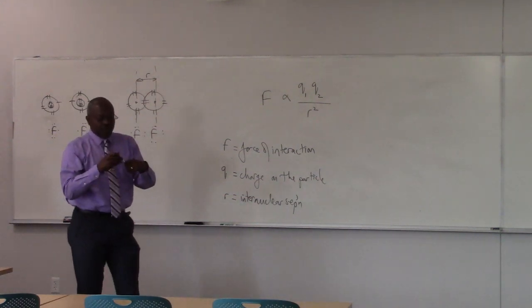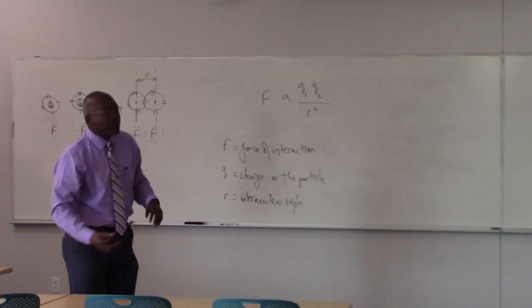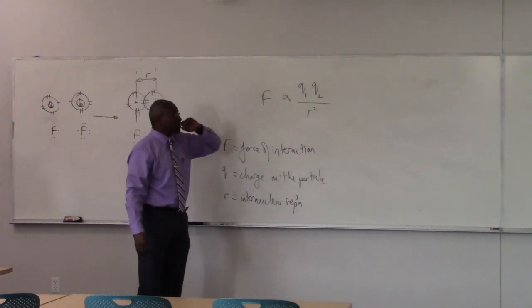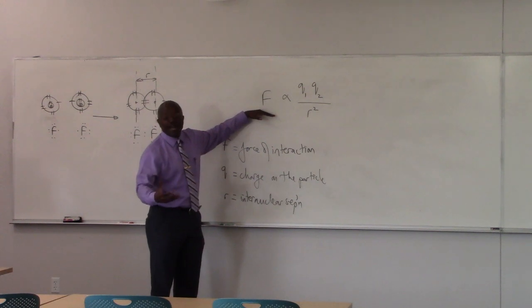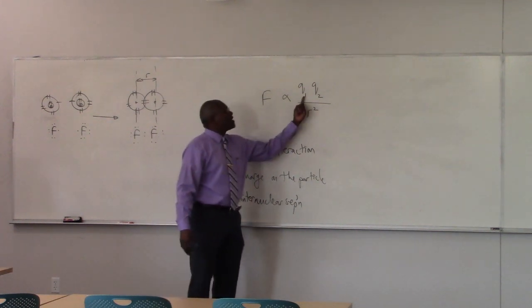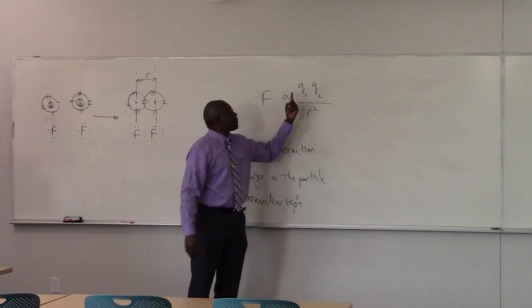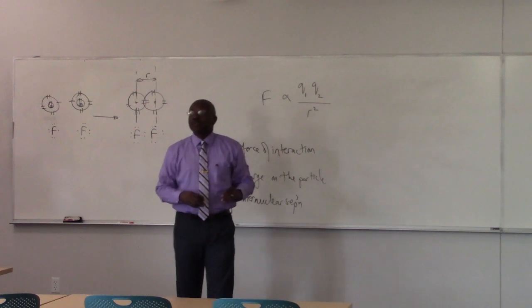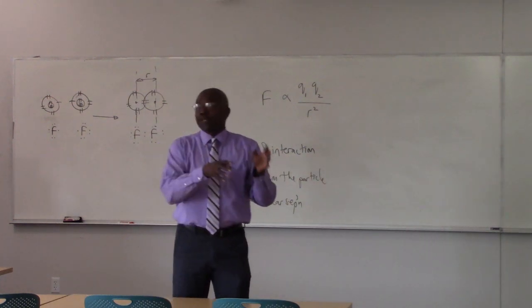Now, a couple of housekeeping things. This equation is very general. This inequality is general. F is the force of interaction. When these are the same sign, plus, plus, in other words, two positively charged particles, or two negatively charged particles, the interaction is repulsive.